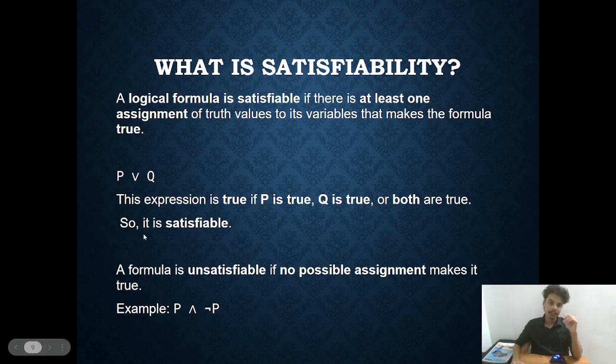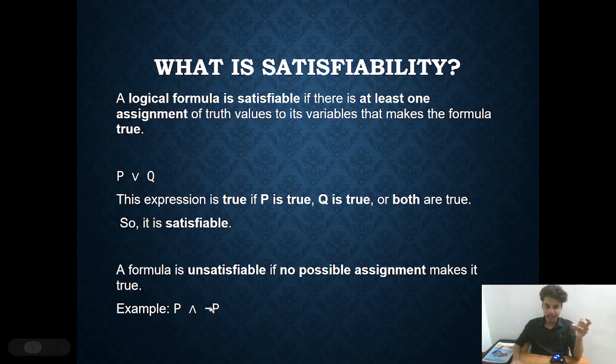We can see an example of a formula being unsatisfiable, which is this one. You can see the left of the AND operation is P and to the right it's not P. So no matter what we do, if this is true, that means this becomes false.